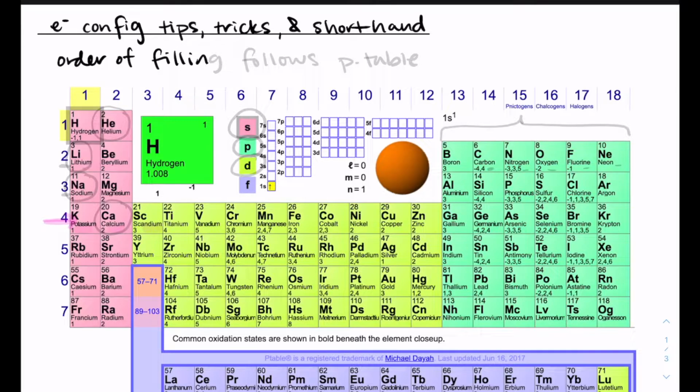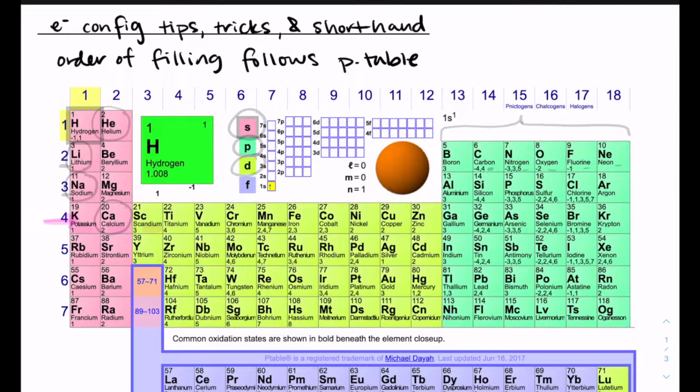So, the way that the colors are shown on this periodic table, everything that's in pink is referred to as being in the S block. And what that means is that the very last electrons that you look at are going to be in an S orbital.